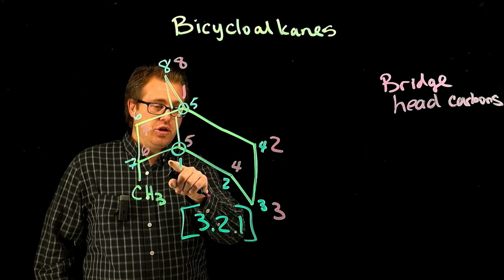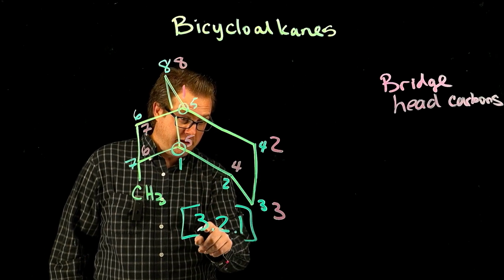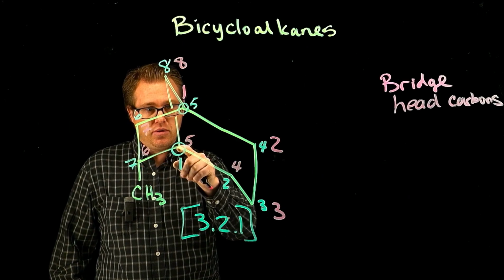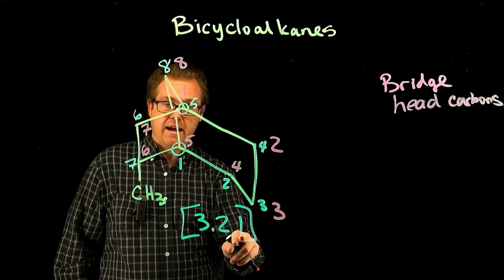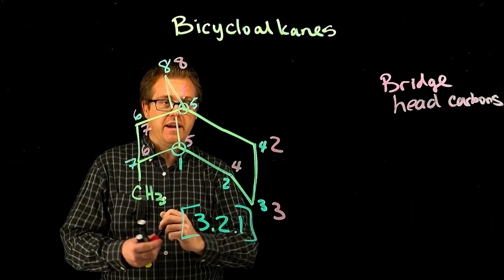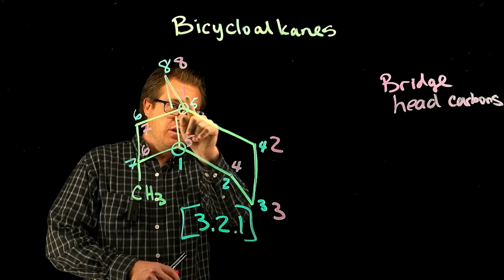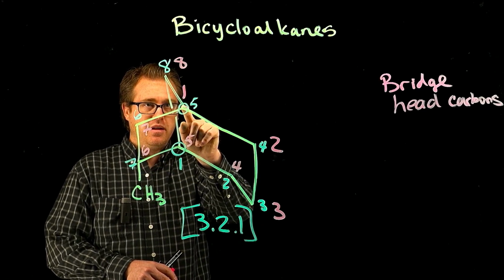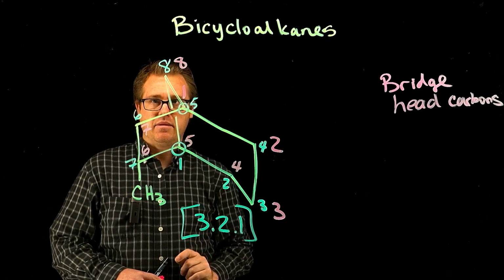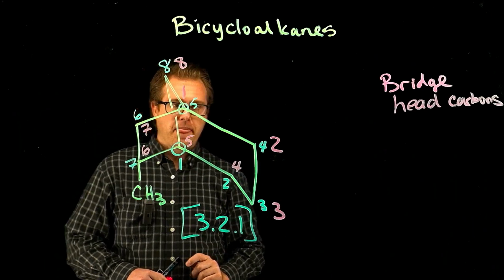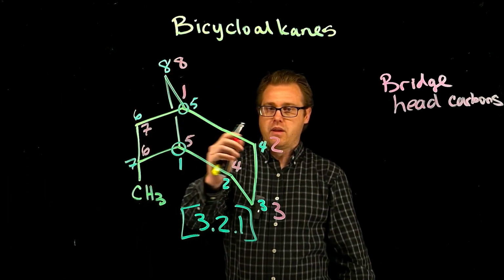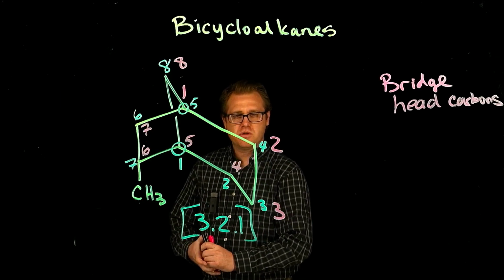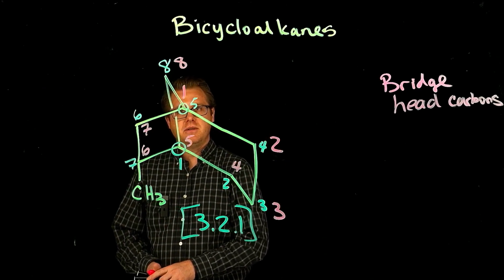Because when I looked at the path in blue, I did 3, 2, 1. I followed that. But I can also follow that in the pink way as well. Watch. That's the third pathway, second pathway, the last pathway. So now we have the blue numbers and the pink numbers. Which ones would you choose?